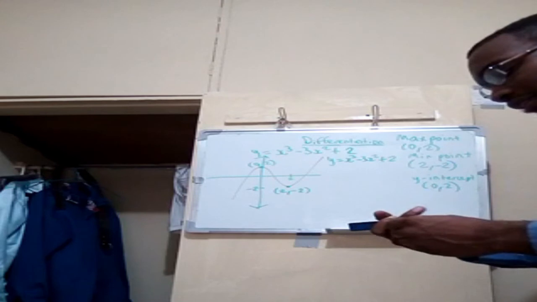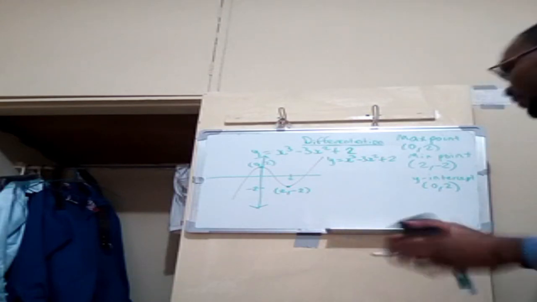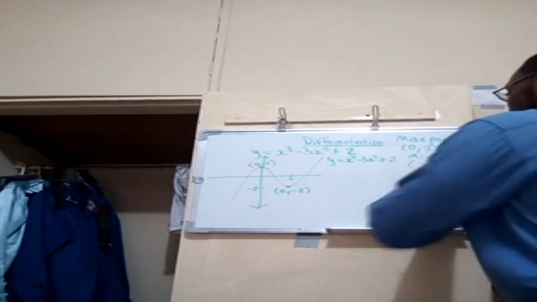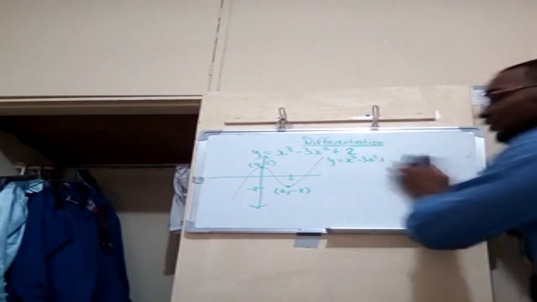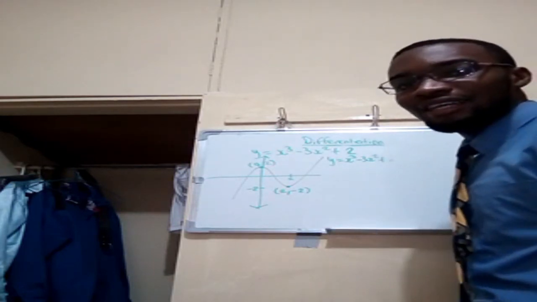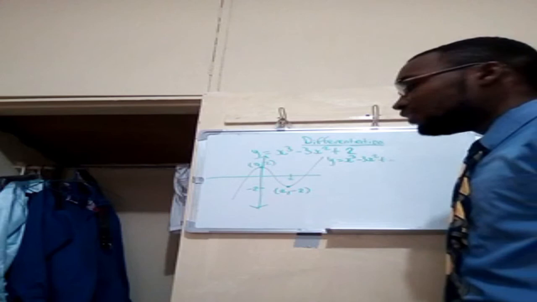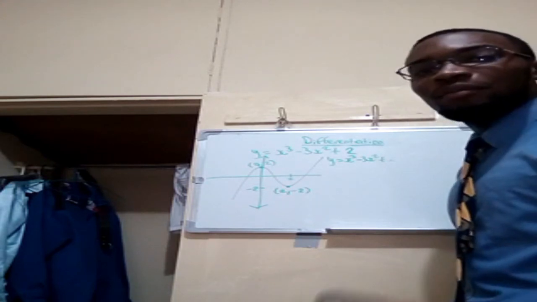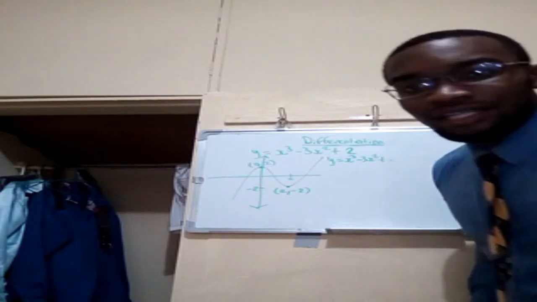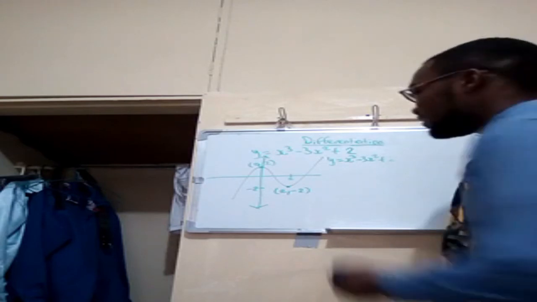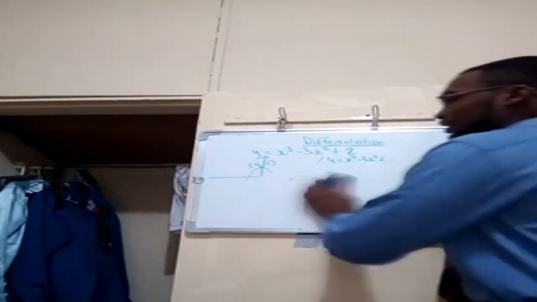Let's look at an example of a point of inflection. A point of inflection, or saddle point, really means that the function has a maximum and a minimum point at the same place. That's what that means.